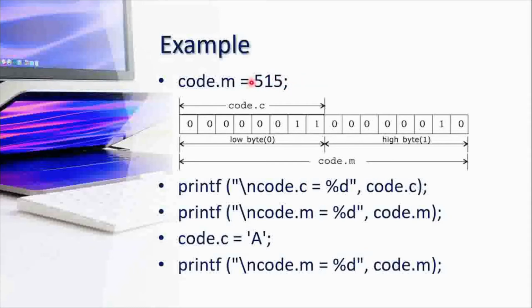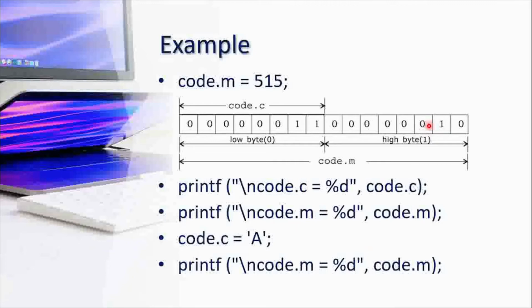This 515 is converted into binary, and you know that binary values are stored inside the memory location. Since there are 2 bytes for storing the value m, it consists of 16 different locations: 8 for the first byte, that is byte 0, and another 8 for byte 1.